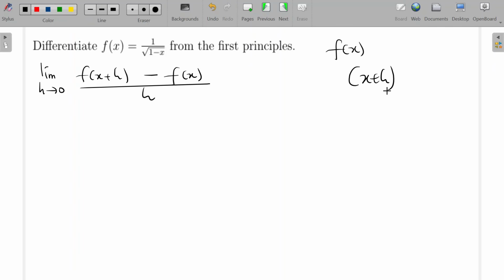In this case, you have the function f of x, which is 1 over the square root of 1 minus x.